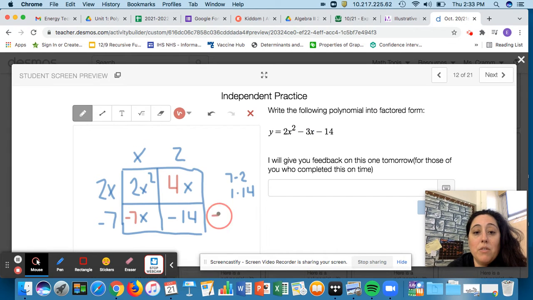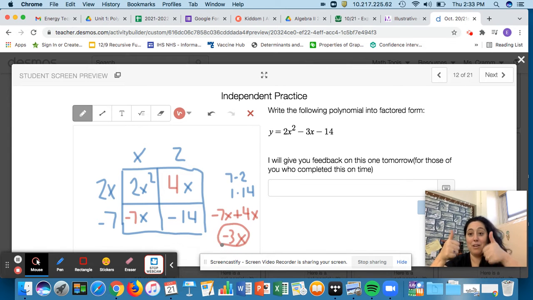Let me do it over here. So negative 7x and a positive 4x, those like terms will combine to give me a negative 3x, right? And the reason I know that that's where my answer should be is because it matches the middle term here.